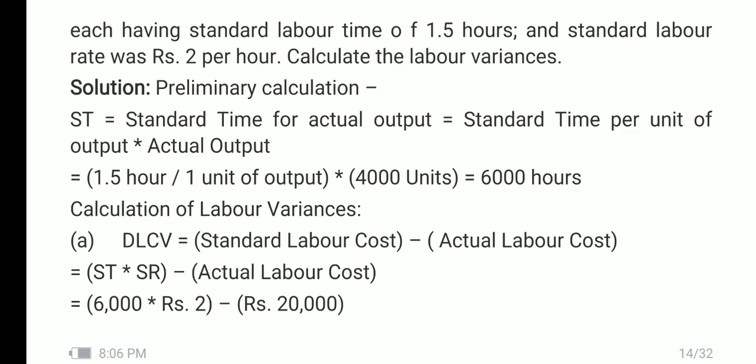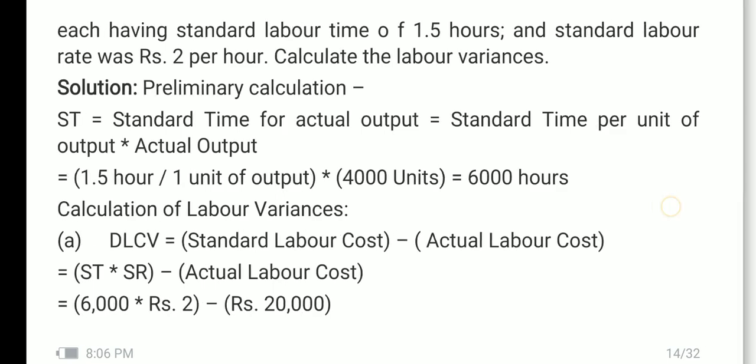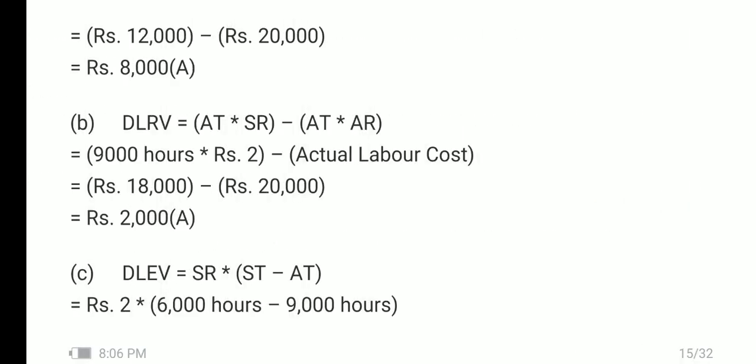So, ST into SR. ST, standard time for actual output, we have computed 6,000 hours, into standard wage rate, rupees 2 per hour. 6,000 into 2 will give us 12,000 minus actual labor cost 20,000 rupees will give us 8,000 adverse variance. So, direct labor cost variance is adverse rupees 8,000.